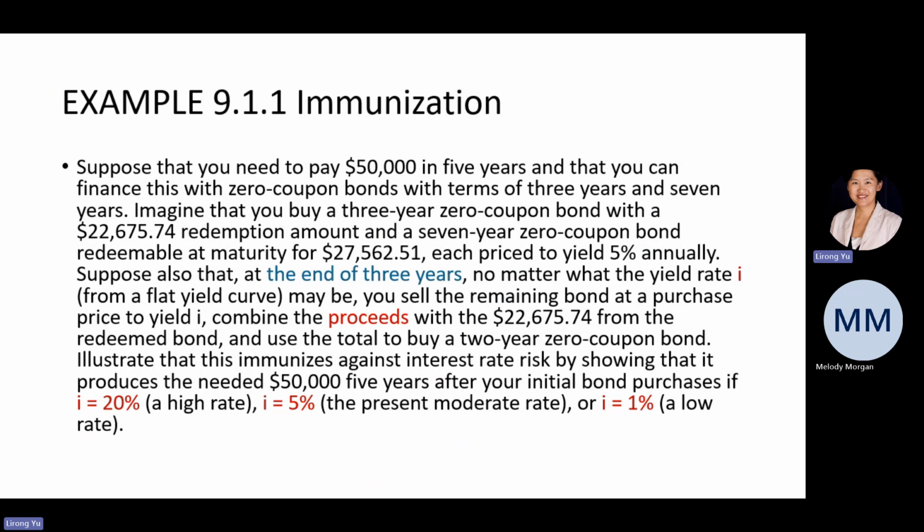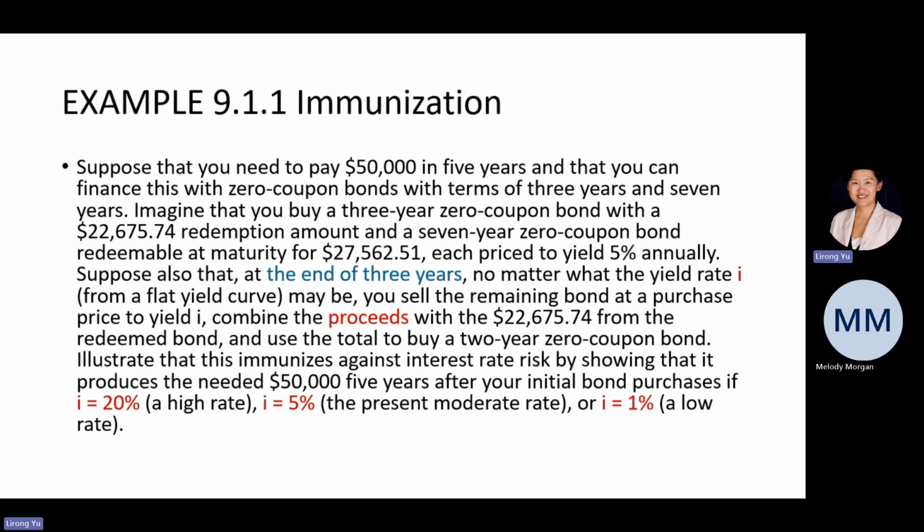So what do we do? We want to use the combination of these two to cover our 5-year liability. At time 3, your 3-year zero coupon bond matures. You have to turn that into another investment so that the money keeps growing until time 5. So that's the concern: in 3 years, what is that interest rate? At the bottom, we're talking about how things can play out, and we'll see that with this kind of investment combination, which you can call a portfolio, we will be able to cover the risk.